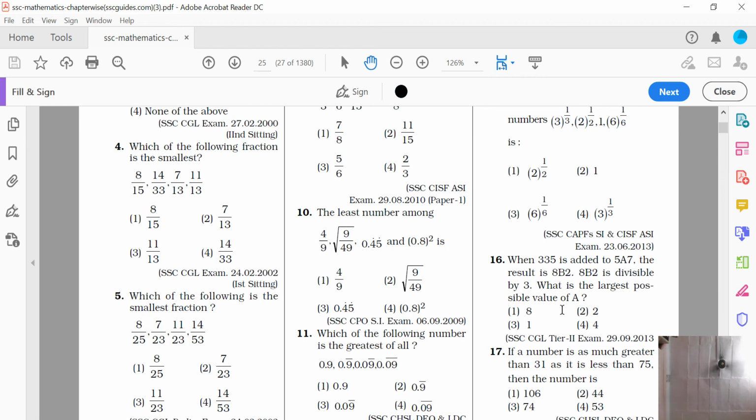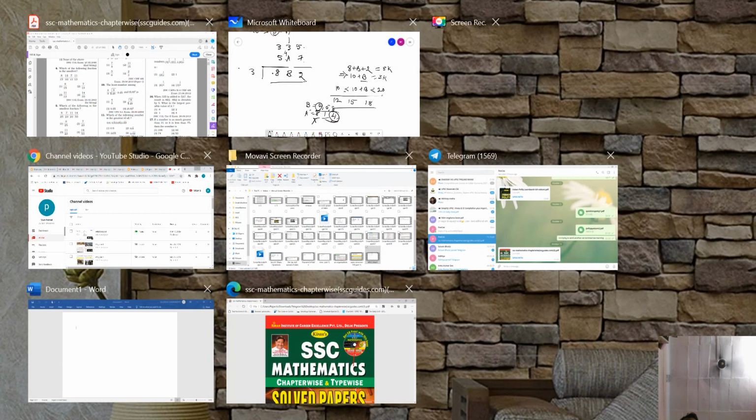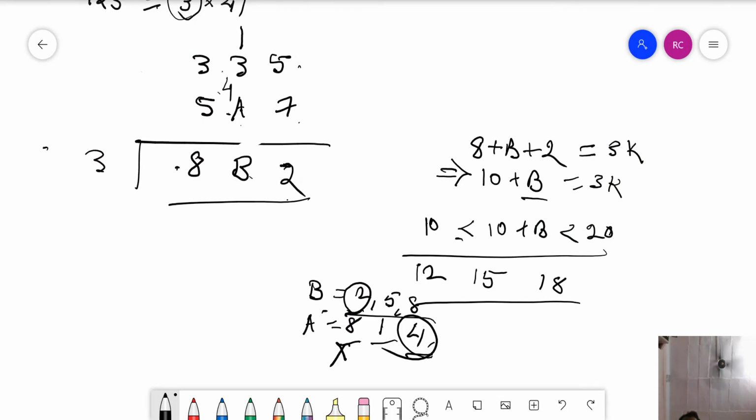Oh, this is 0.45 with a bar, which means it's recurring. The least number among these four.